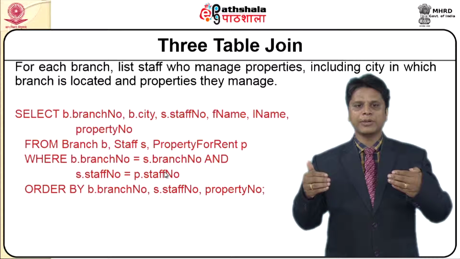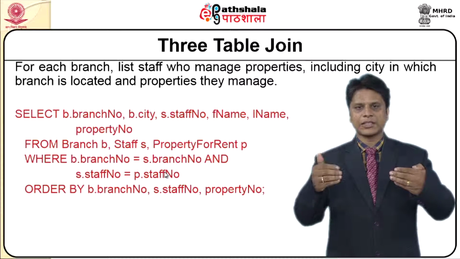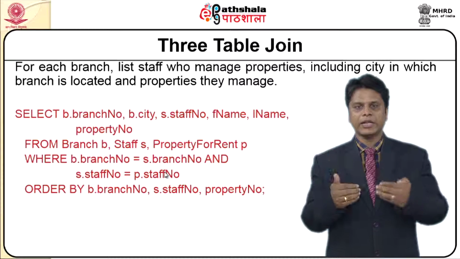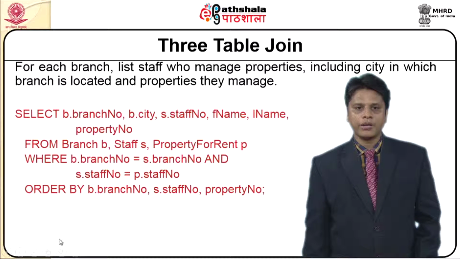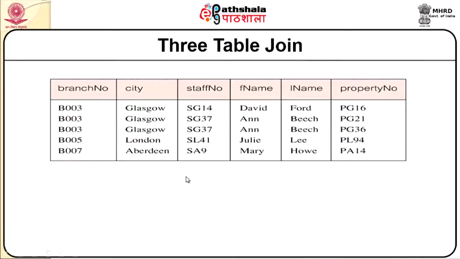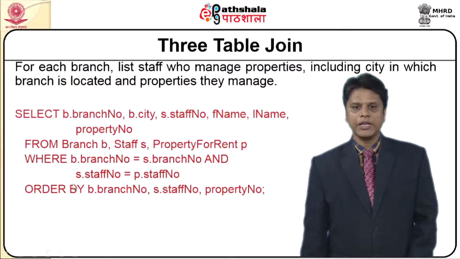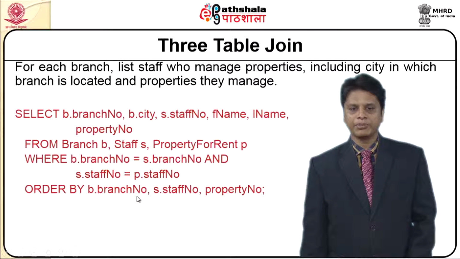Between two tables I am matching B.branch number and S.branch number, and with the other table I am matching S.staff number and P.staff number, and I am ordering it by B.branch number, S.staff number and property number. The resultant table will be in this format: branch number, city, staff number, F name, L name and property number, ordered by branch number, staff number and property number, with conditions checked across three tables.